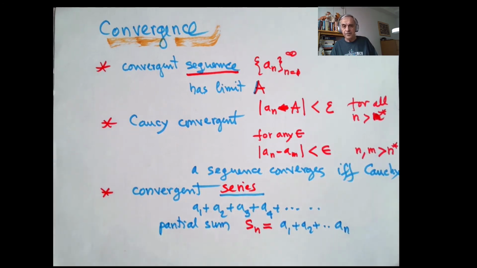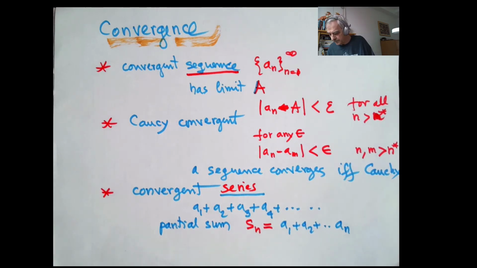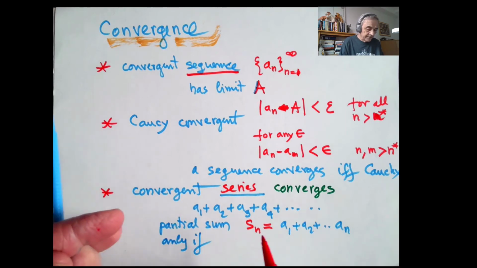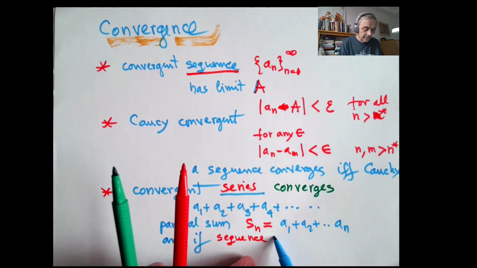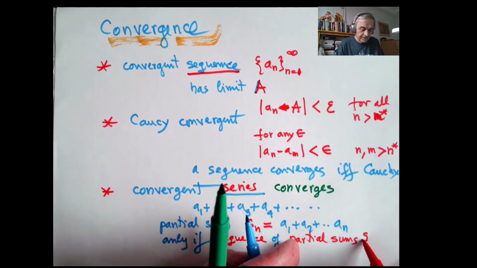A partial sum is given by a finite sum up to term a_n. A series converges only if the sequence of partial sums S_n converges.